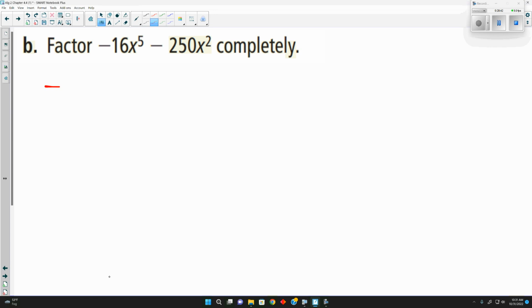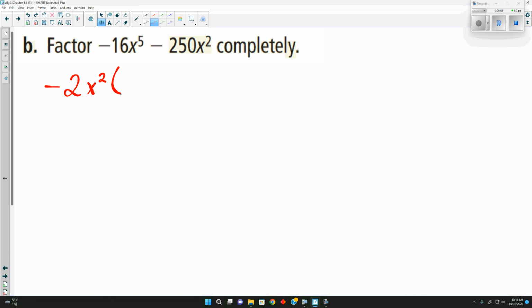Is there a greatest common factor of 2 between these two terms? Yeah. So we can factor out the 2. Is there anything else we can factor out? X squared. And we'll need to factor that out because I can't take the cubed root of x to the 5th.